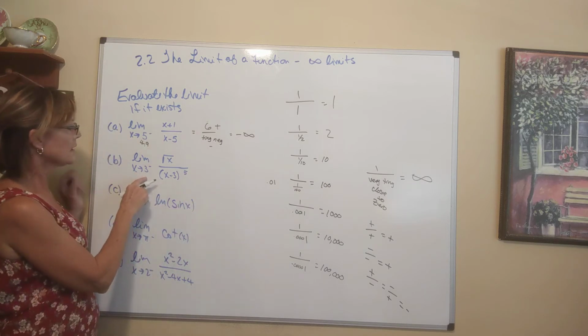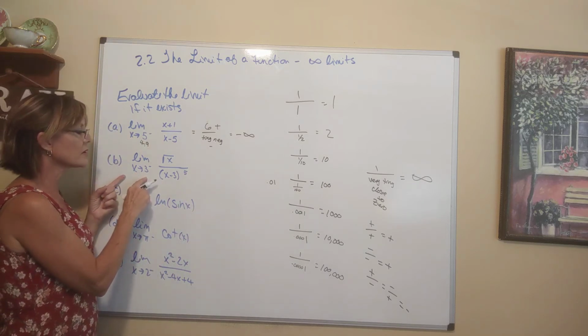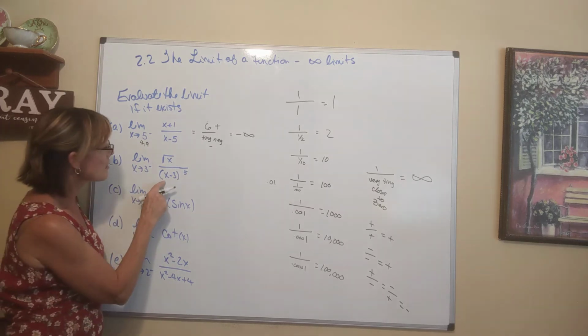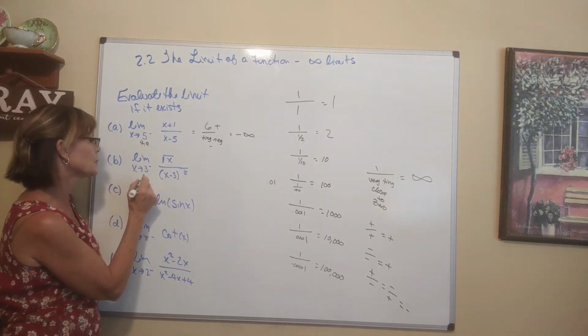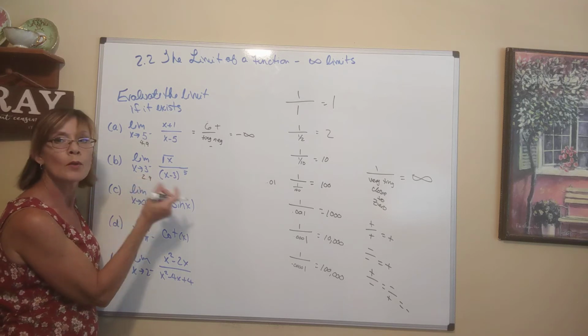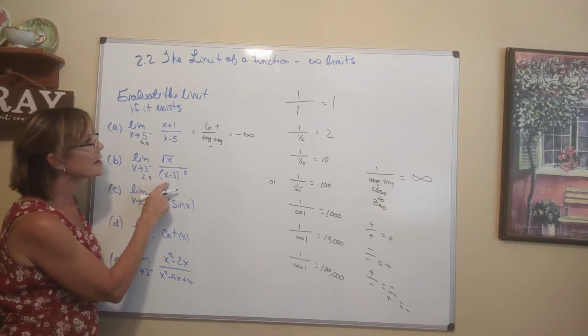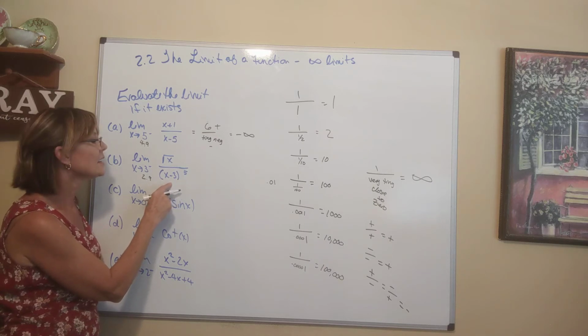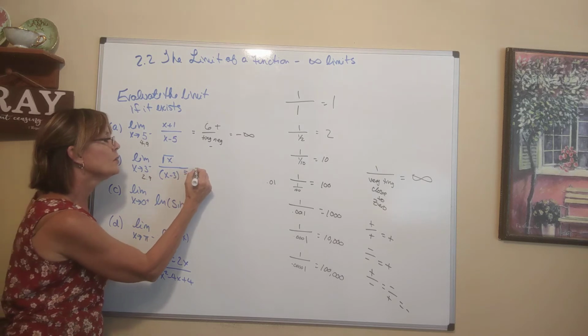What's happening here? The limit as x goes to 3 from the left. If we're a little bit smaller than 3, something like 2.9, what would happen? 2.9 minus 3 would be negative, and a negative raised to an odd power would be a negative.